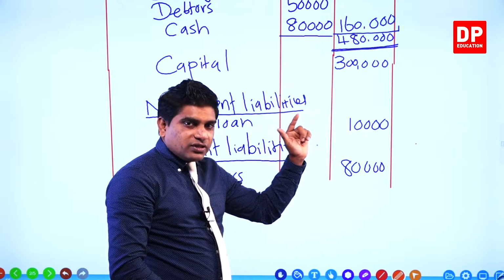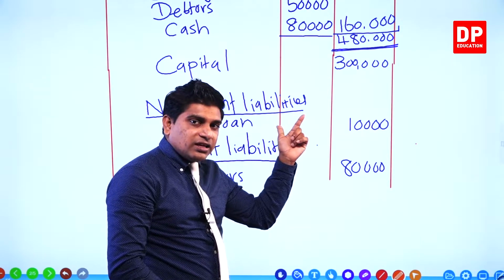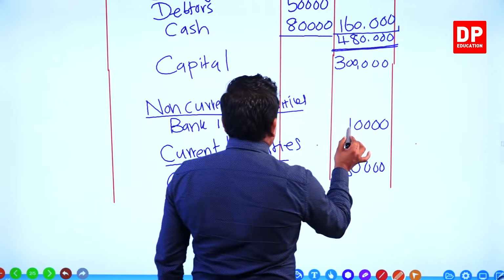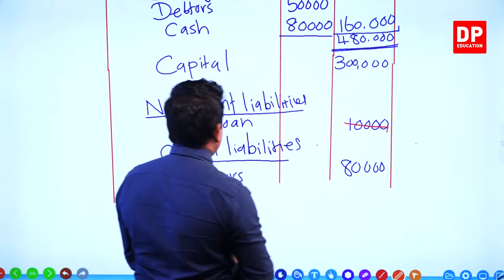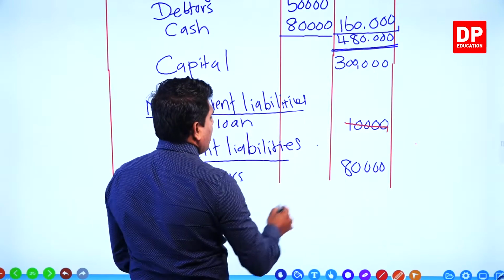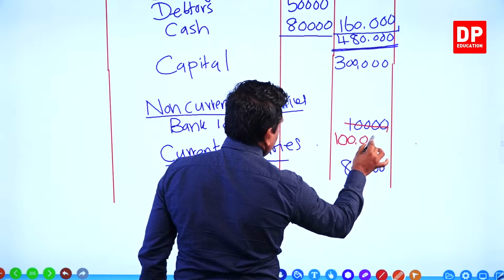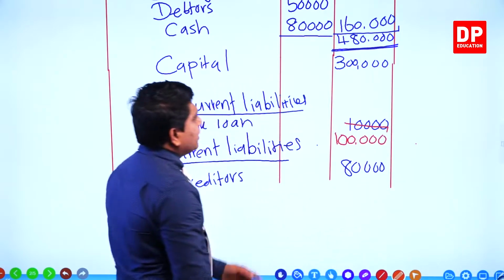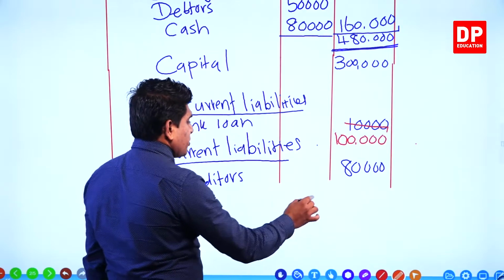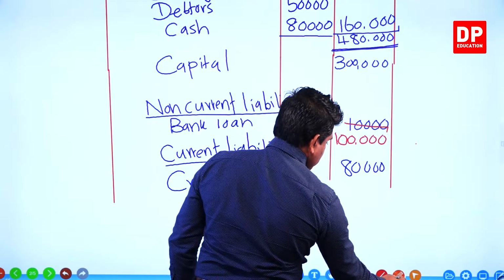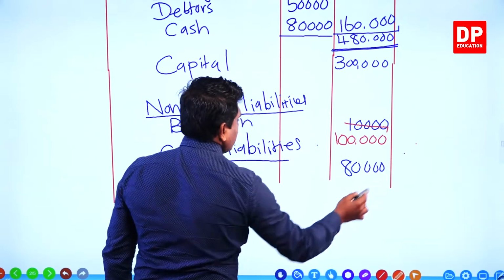Instead of 10,000, in the question we have changed it to 100,000. To see it clearly, I use another color to show the bank loan amount. It should be 100,000, in red color, I think you can see. Then 300,000 plus 100,000, 400,000 plus 80,000, how much? 480,000.